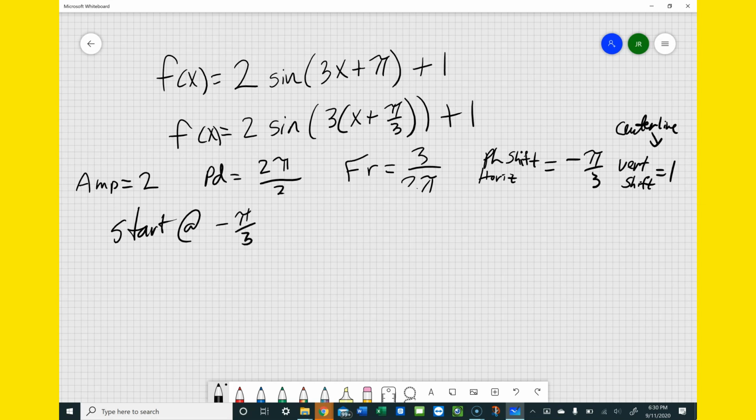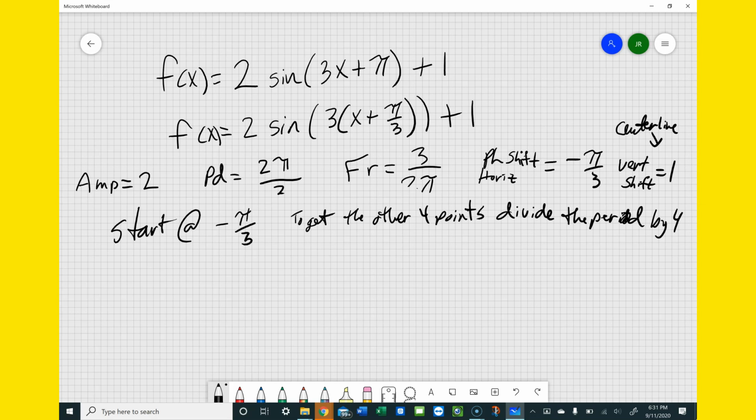And then what I want you to do from there is get your steps. Like how much are we going to go over before we have another fundamental point? So to get the other 4 points, divide the period by 4.